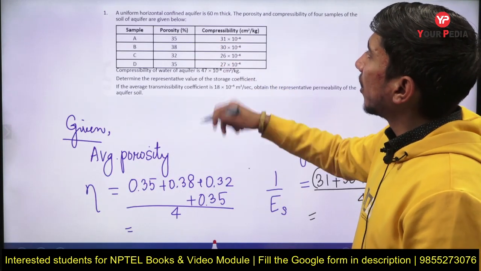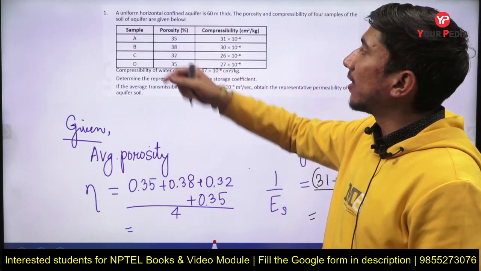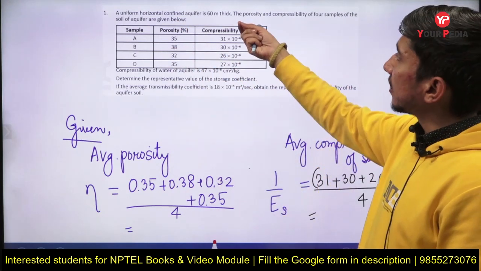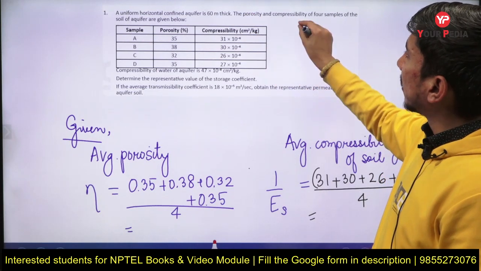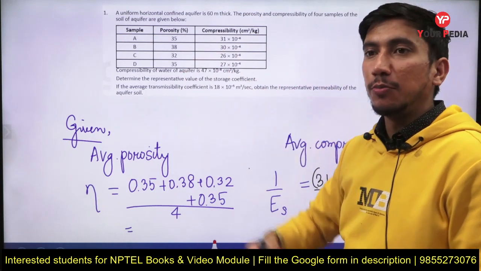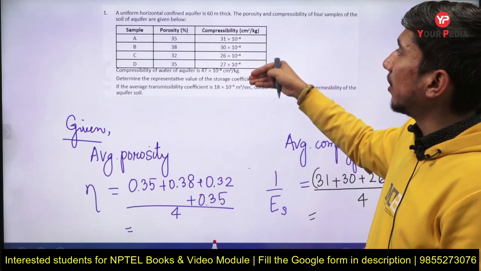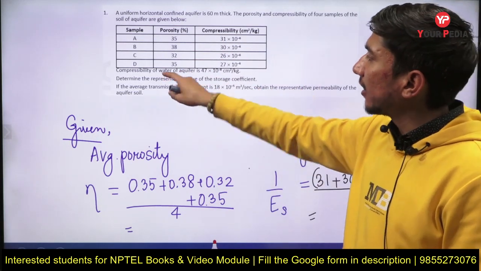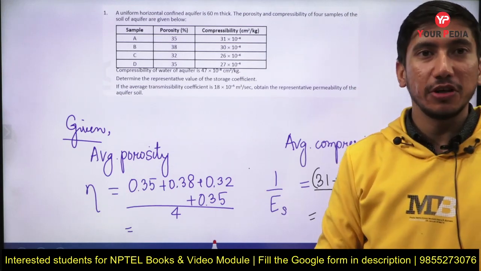So this is the question where we have a horizontal confined aquifer of 60 meter thick and the porosity and the compressibility of the 4 samples of the soils of aquifer are given below. So it's a sample A and sample B, C and D, and then compressibility of water is also given.